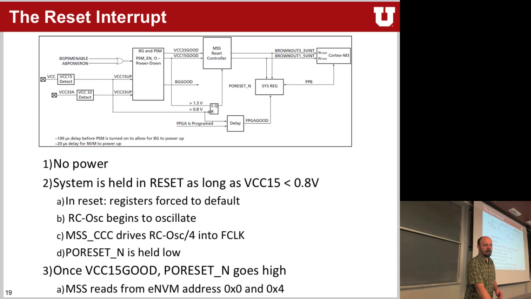Okay. We already know one interrupt, and that's the reset interrupt. On reset, what does exactly happen? Who remembers? I mean, it's written all up there. We power up, we look if all the power is good, and once the power is good, what happens?